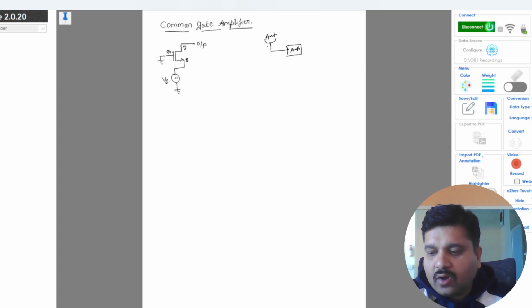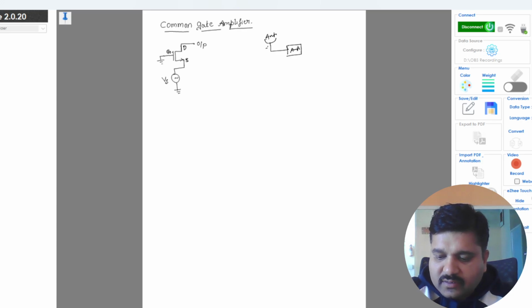The impedance of the antenna or the transmission line will be very low. So if you have an amplifier with a low input impedance, it will not cause any loading effect. Hence, this common gate amplifier can be used for low frequency applications.